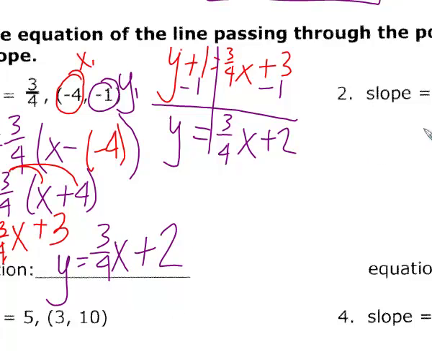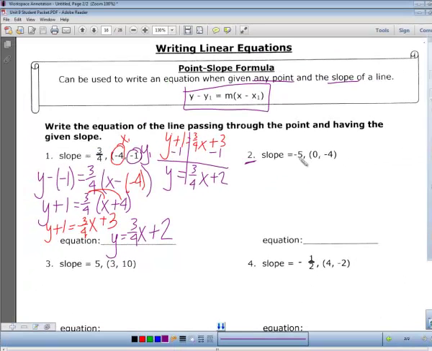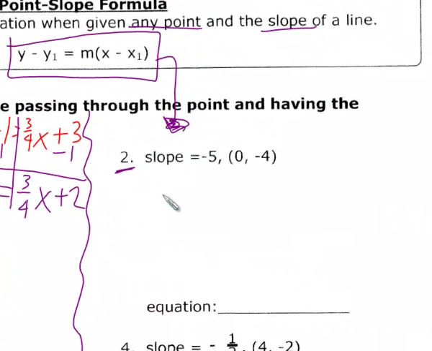Now, we are going to move on to number 2 right here. Again, we are given slope and we are given a point. So I'm going to use this magic little formula here. And we've got y minus my y value here, which is a -4.